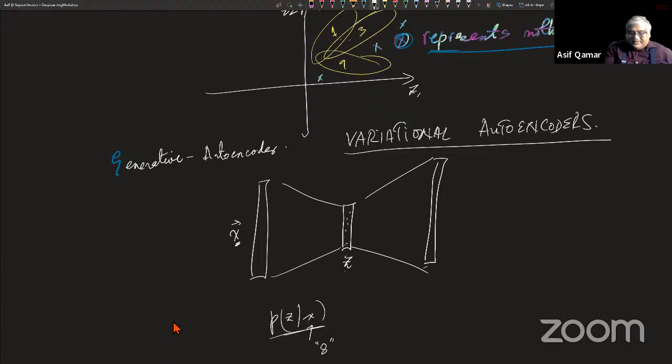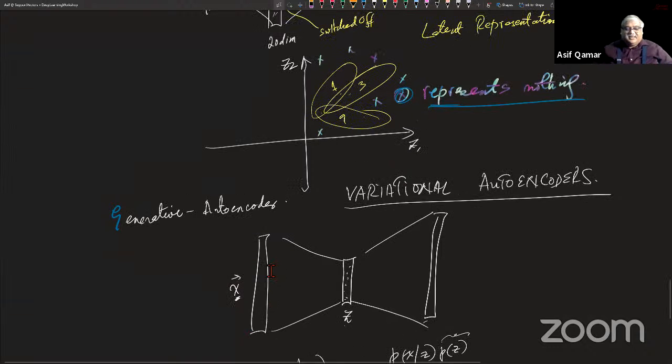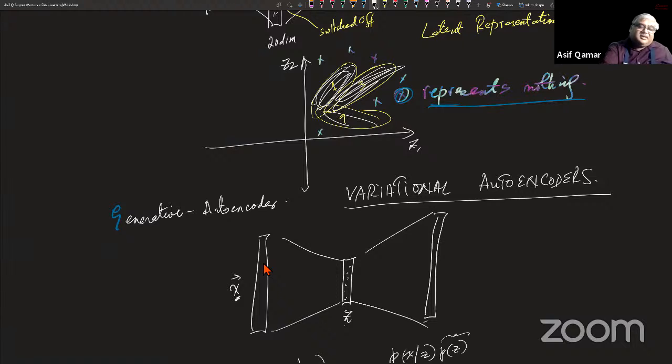Now, this is a little bit of Bayes' theorem. I'll just mention what it is. It is the probability of X given Z times the independent probability of Z, divided by the probability of X. What are these strange things? If you look at all possible values of Z, do you notice that in this space, there is a lot of concentration here, a lot of concentration here, but almost nothing here.